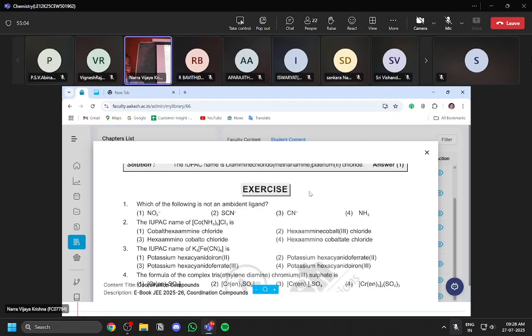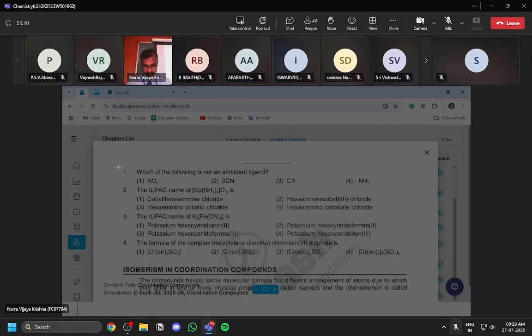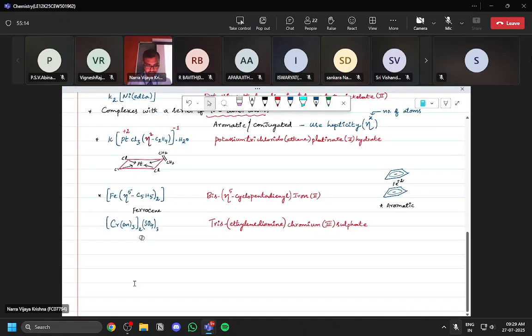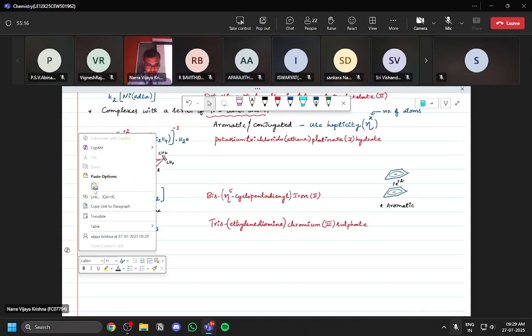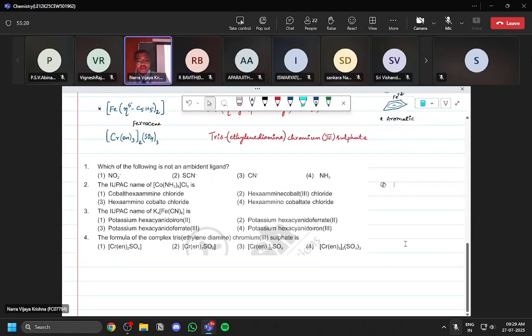Now see this exercise. Which of the following is not an ambidentate ligand? Option 4, NH3. In order to confuse you, they might have given carbon monoxide here.